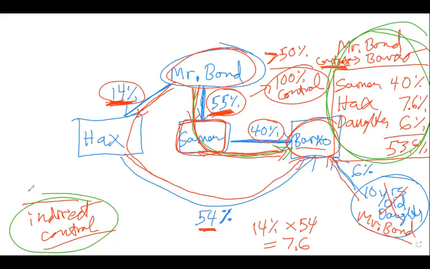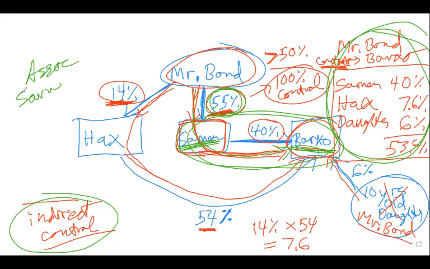We have direct control with Mr. Bond to Sarnen through this 55%. So Mr. Bond controls Sarnen and Barkso. That means Sarnen and Barkso are going to be associated. So this is an example of indirect control being the reasoning for this.